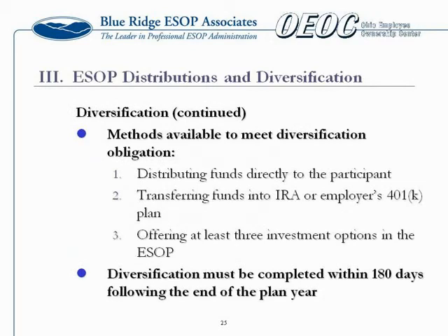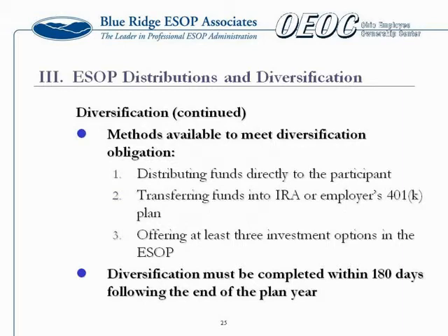And then there's different methods that are available to meet that diversification obligation. Oftentimes we see that the plan allows the distribution of the funds directly to the participant. So the participant is paid in cash for those shares. Or those funds can be transferred into an IRA or the employer's 401k plan. So it would be a direct transfer from your ESOP into the IRA or the 401k plan.